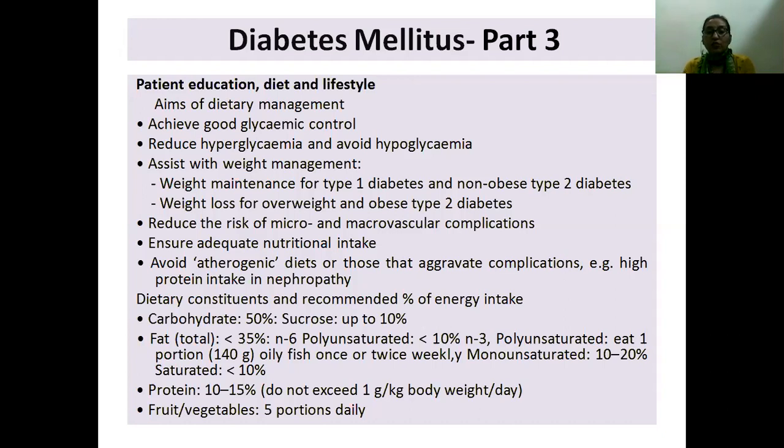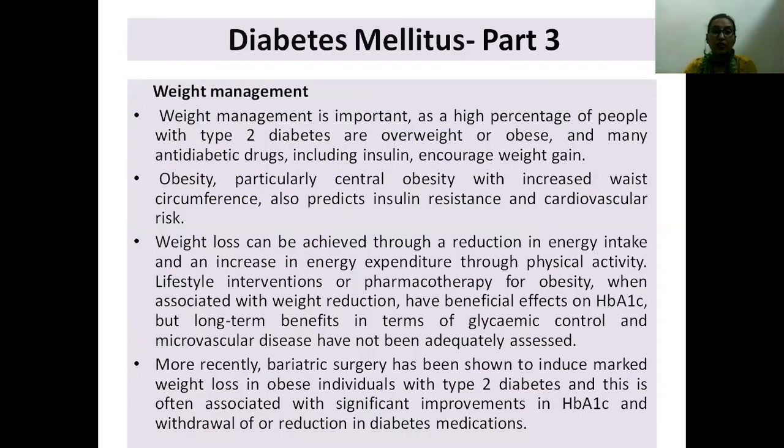Monounsaturated is 10 to 20% and saturated less than 10%. Protein should be 10 to 15%, not exceeding 1 gram per kg of body weight per day. And there should be 5 portions of fruits and vegetables daily. So this is about diet management.